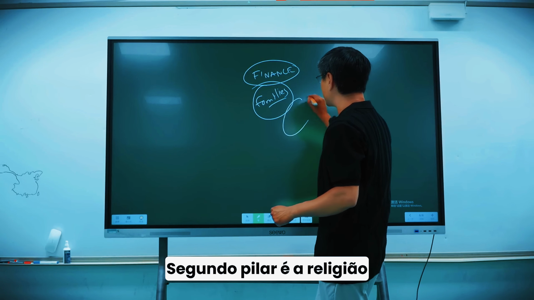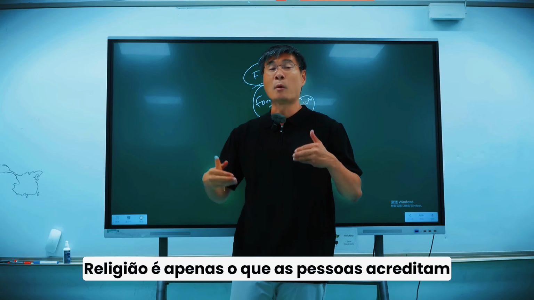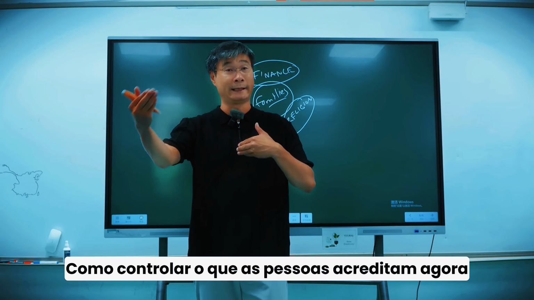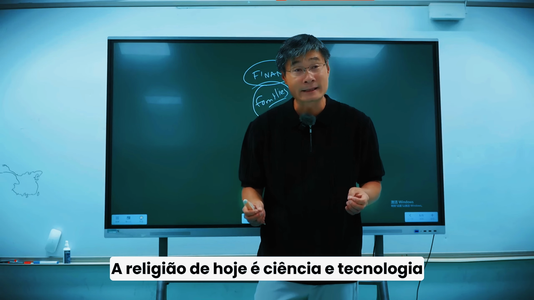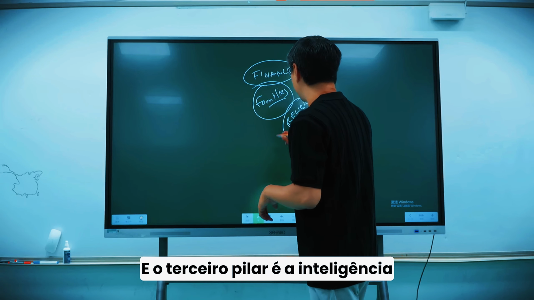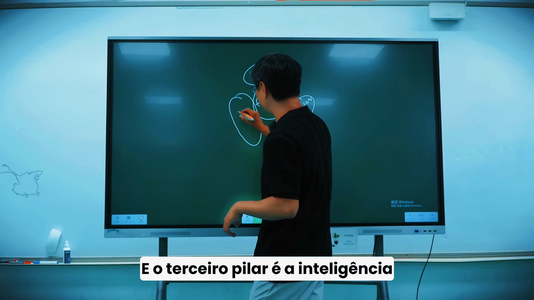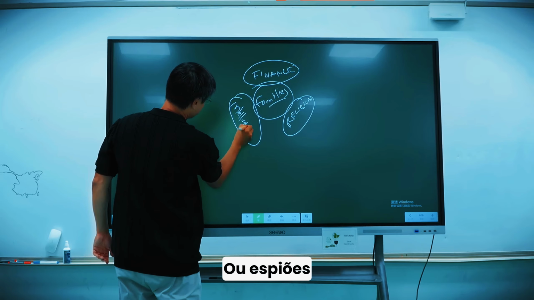Second pillar is religion. Religion is just what people believe, how to control what people believe. Now, the religion of today is science and technology. Okay? And the third pillar is intelligence, or spies.